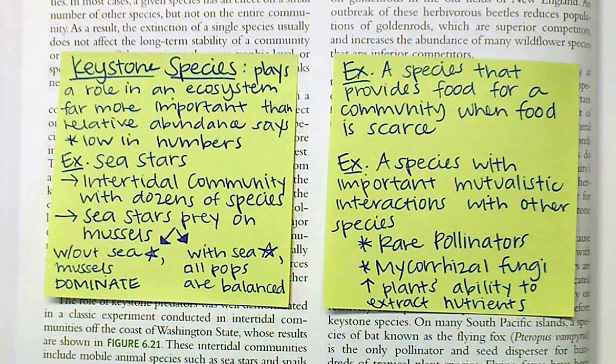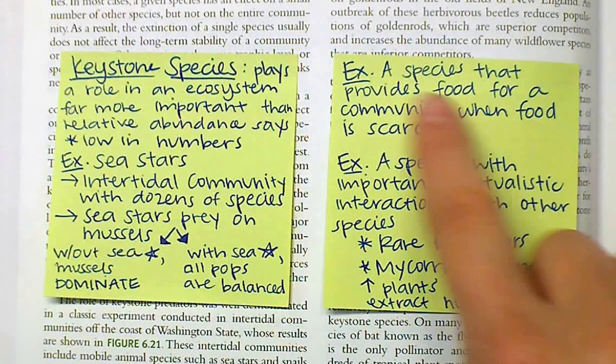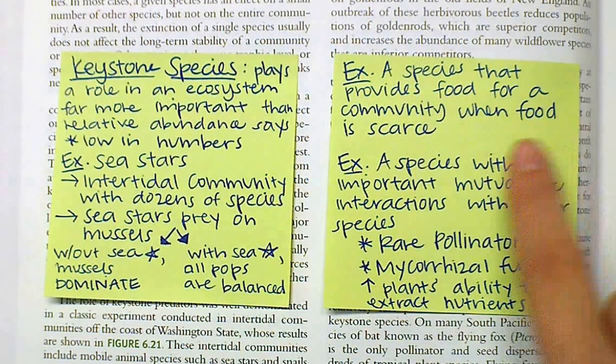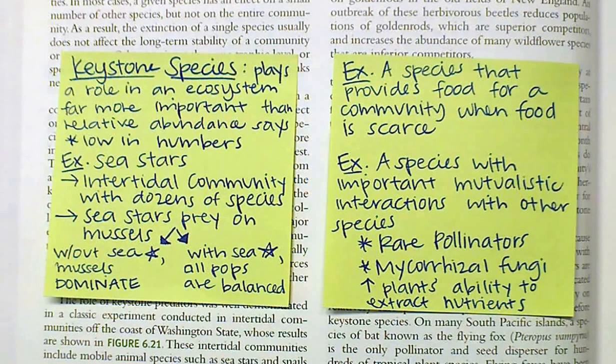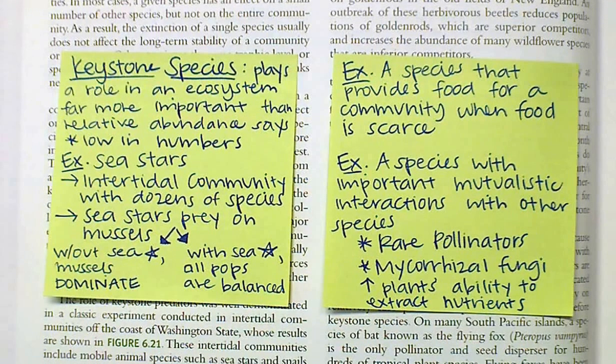Okay, a couple more examples. We have a species that provides food for a community when food is scarce. So kind of an alternative food source is going to be essential whenever the food source decreases, and that happens in a lot of forest communities. Another example of keystone species is going to be a species with important mutualistic interactions with other species.